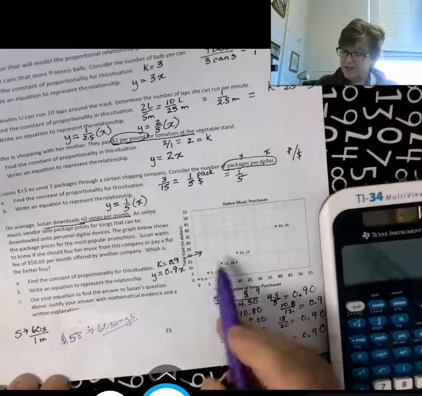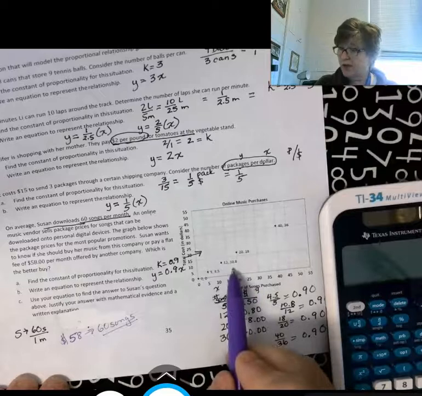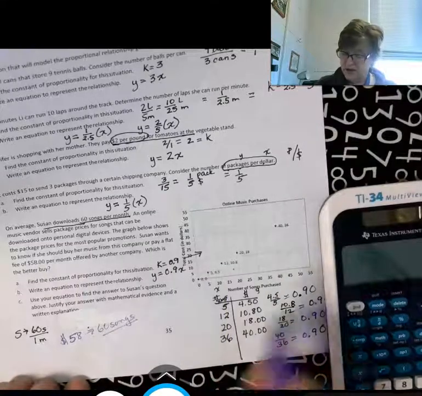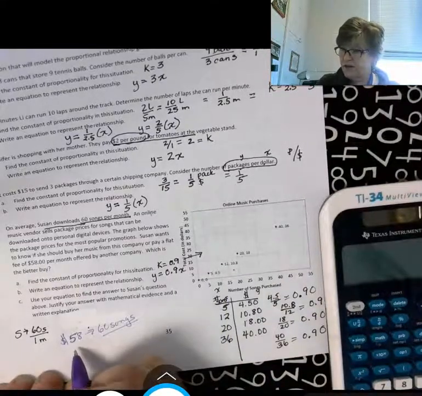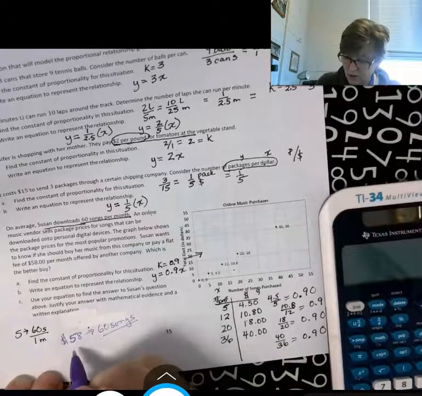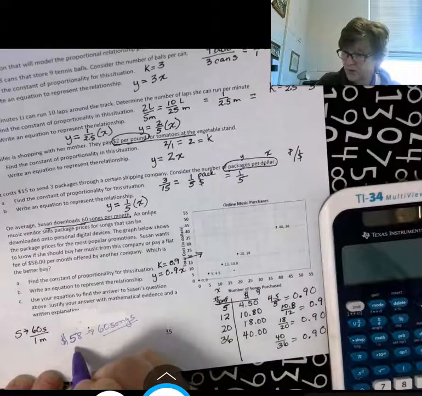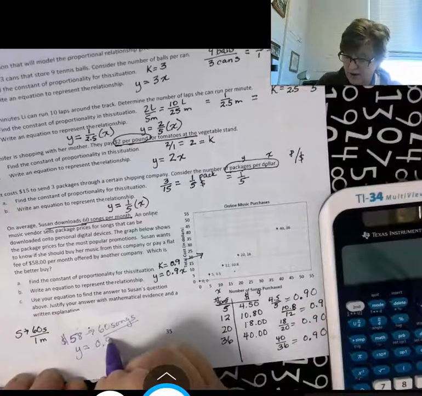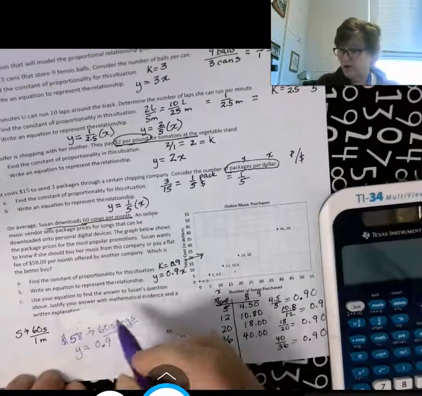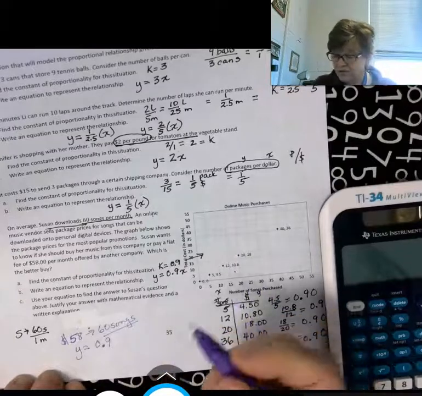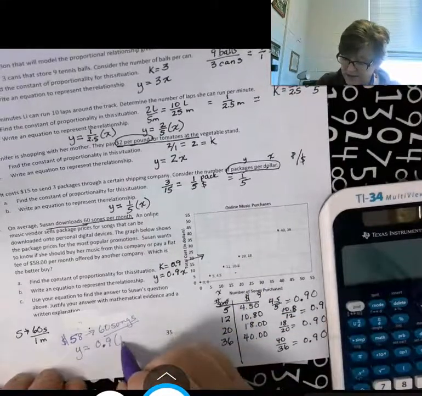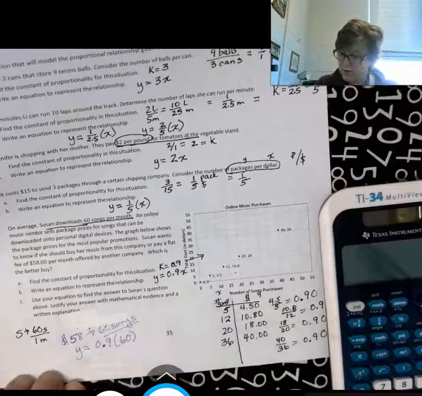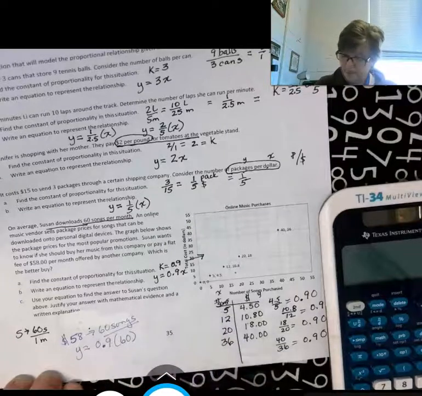If we look at this new way that the other company is doing, and we fill in our information in our equation of Y equals 0.9 or Y equals 9/10 times 60, because that's the number of songs, if you recall.